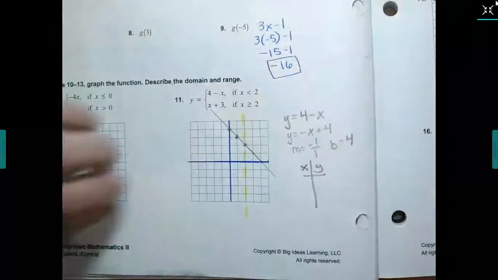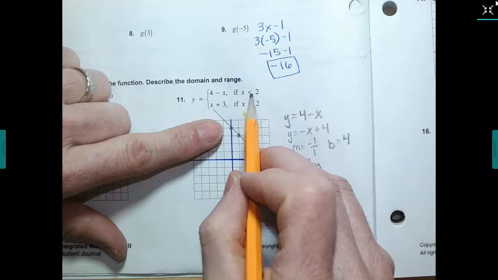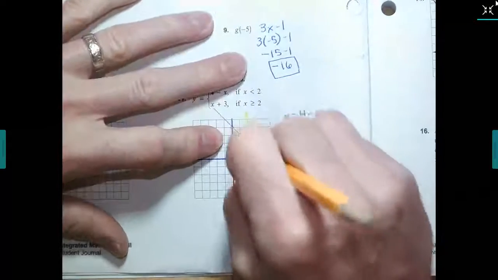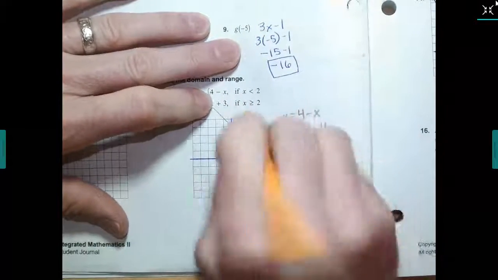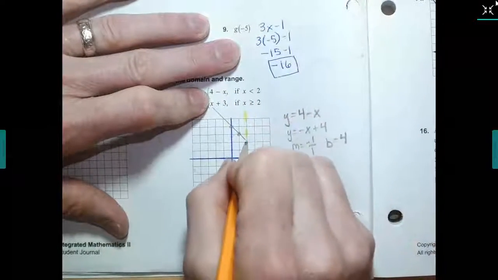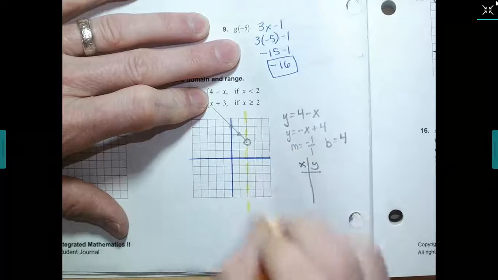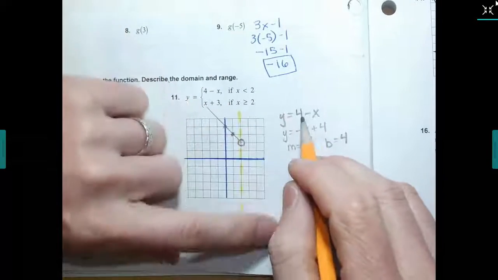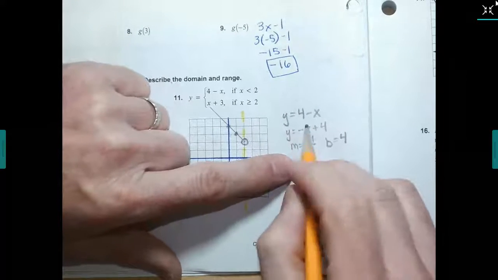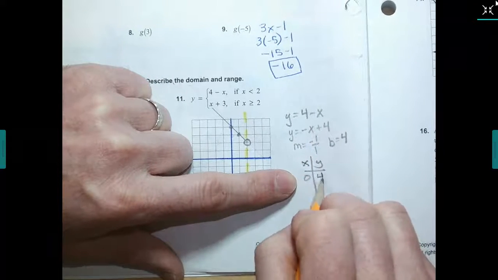So that's my line. Now, x is less than 2, so I have to take this part out. And this is an open circle. If I were to plug some numbers in here, I could go 0, so 4 minus 0 is 4.